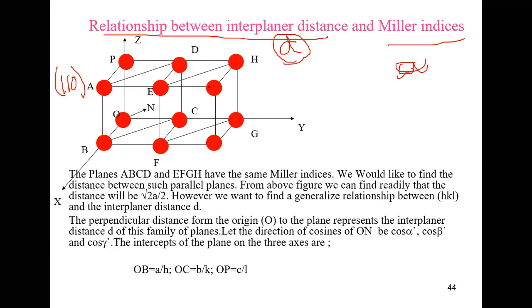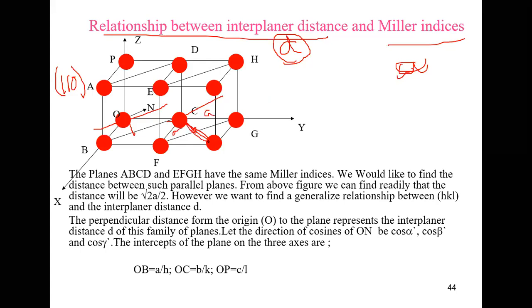Okay. And the distance between these two planes basically will be this one, because another plane will pass through the origin, like this one. So we can actually find out the interplanar distance for this set of planes very easily, because if it is cubic, that distance is root 2 a, because this side will be a and this side will be a.